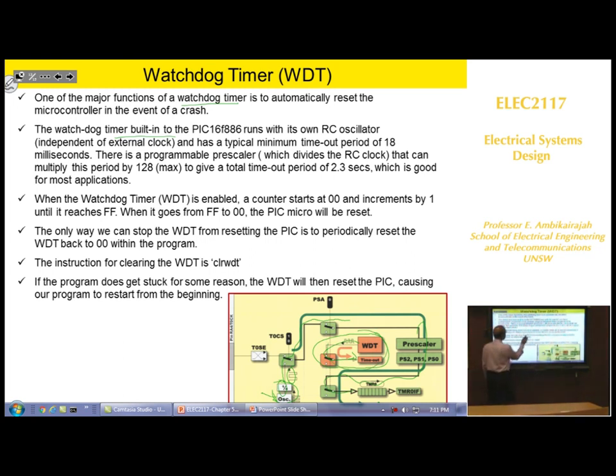And when the watchdog timer is enabled, the counter starts from 00 and is incremented by 1 and reaches FF. When it goes to FF and then goes to 0, the PIC microcontroller will be reset. The only way we can stop this resetting is you periodically check in your program and you clear this watchdog timer using that particular command.